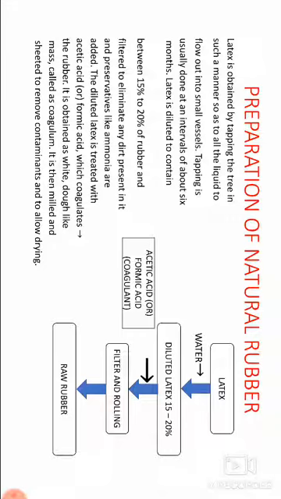Then this latex is added to water, which is called diluted latex. This diluted latex contains dirt particles. These are removed by adding acetic acid, formic acid or ammonia. These chemicals remove the dirt particles, and then it is filtered and rolled to obtain the raw rubber.